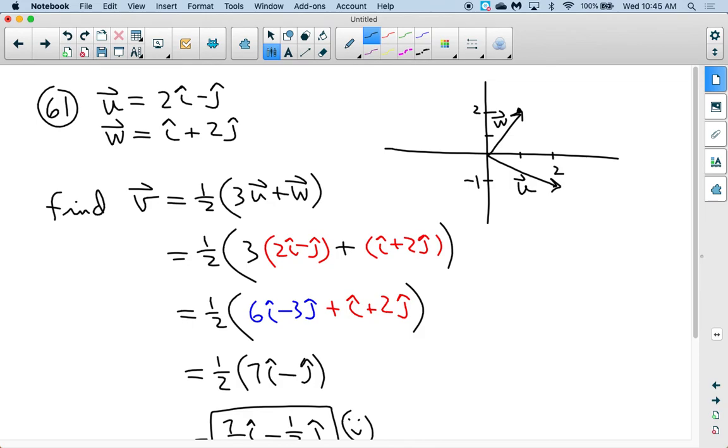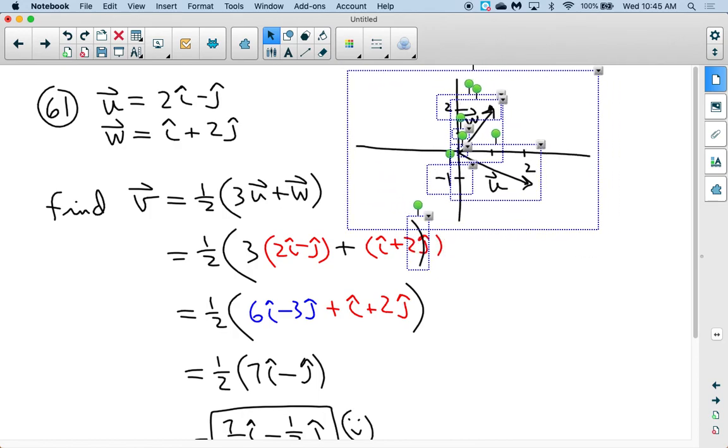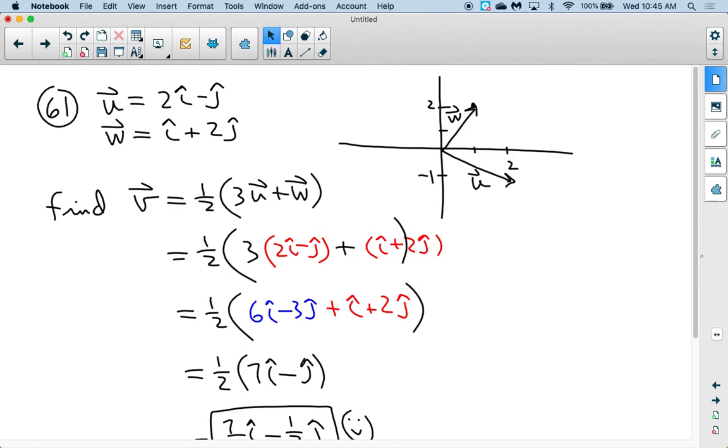If I go back to the original, 3 times U just lengthens the vector 3 times.